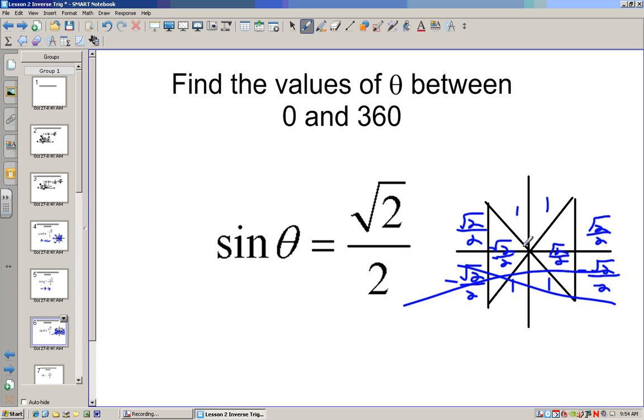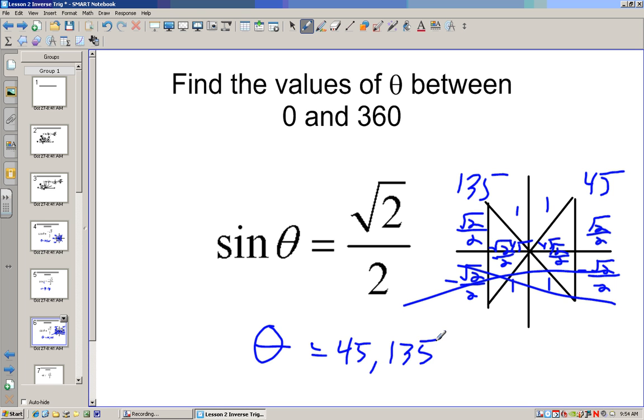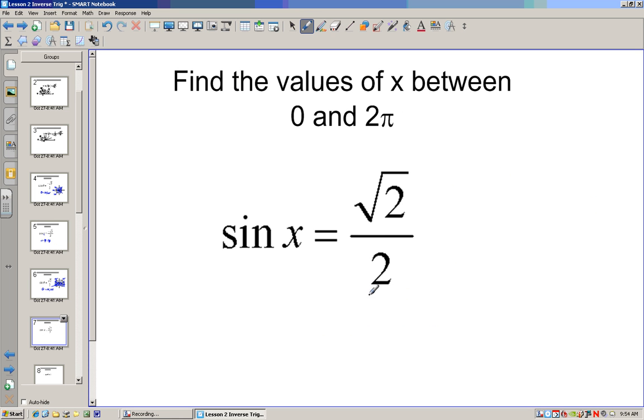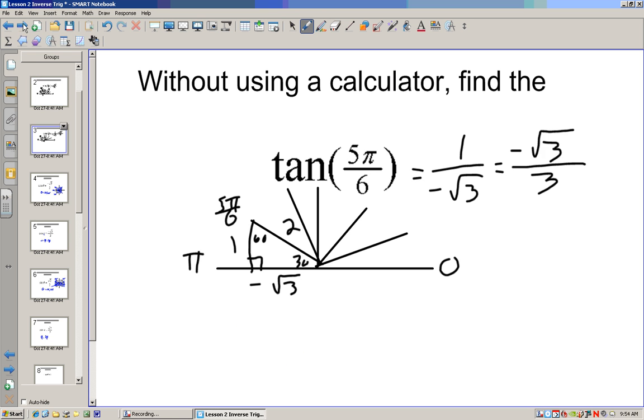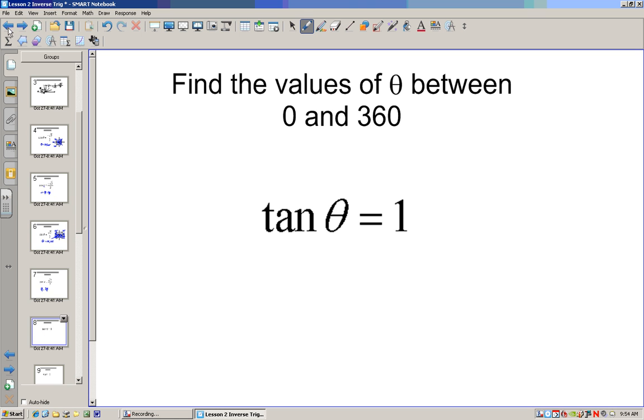So it'll be in these two quadrants. So that's a 45 degree reference angle. So that'd be 45 degrees here and 135 here. So theta will be 45 and 135. Now for x, that would be pi over 4 and 3 pi over 4. All right, now pause the video, try this one yourself, and see how far you get.